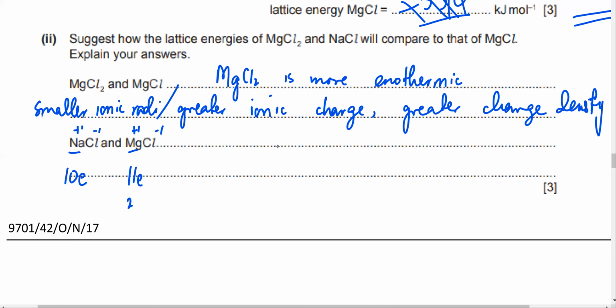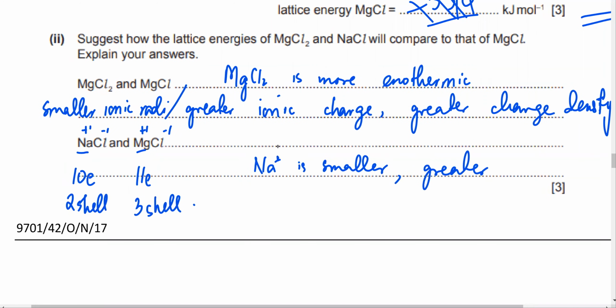So again, Mg is bigger. It's got 3 shells, I mean, it's 2,8,1. Na is just having 2 shells. So the charge is not a factor, but remember Na +1 is smaller, which is why it's going to have greater charge density.